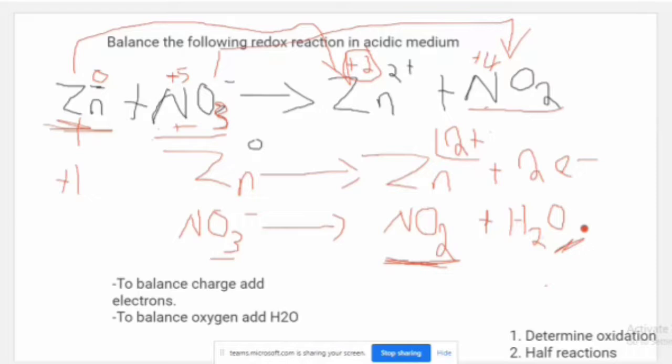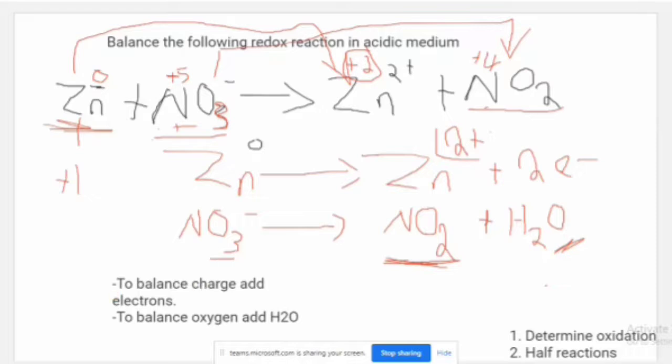I have a total of 3 oxygen atoms. That is well noted. Now by adding a water molecule, we have introduced hydrogen to this equation. Can you see that?